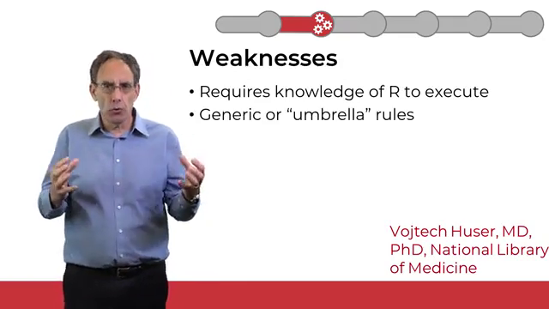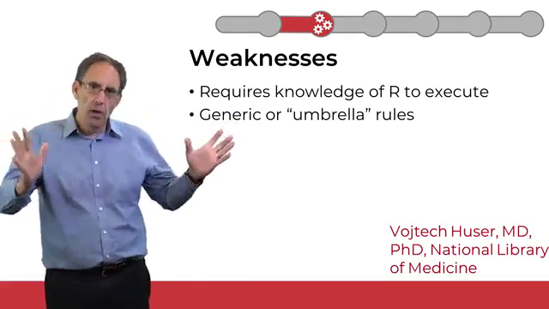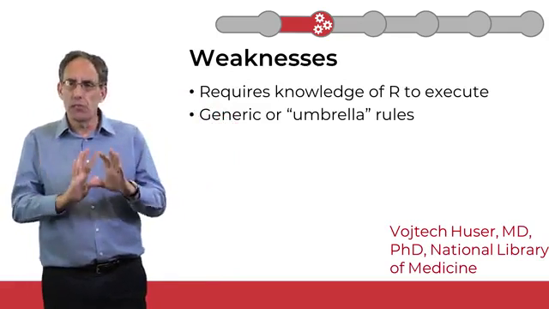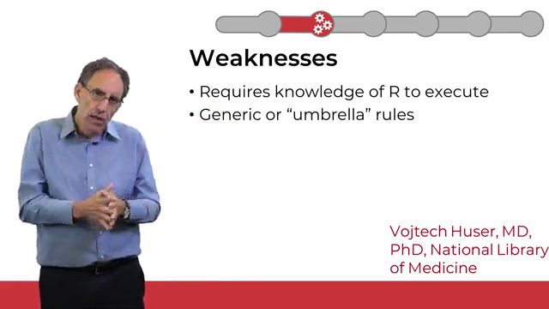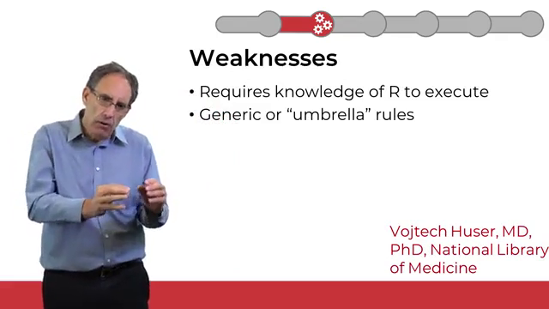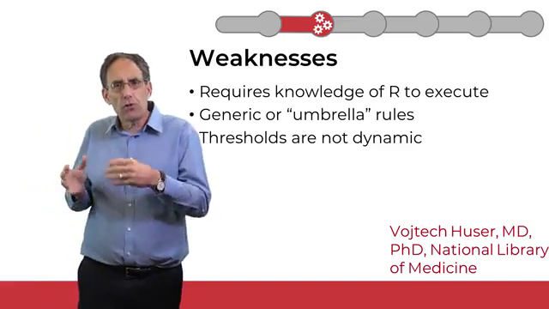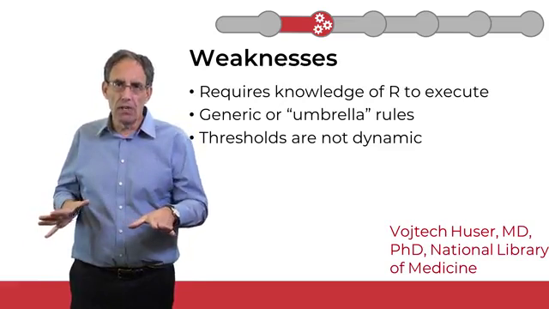The HEEL rules are very generic rules that apply to every table across the entire OMOP Common Data Model. There currently is no easy method for specifying fitness for use rules tailored to a very narrow use case. Finally, the thresholds used to trigger a notification or warning are not changeable.